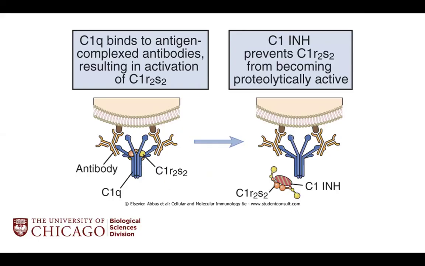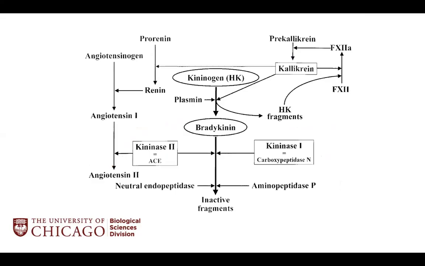But clinically, that's not when we use C1 inhibitor. And why is that? And why, when we're talking about angioedema, do we look at both this complement inhibitor as well as C4 to decide if someone may have hereditary angioedema? The answer is the same redundancy that happens all over the place.